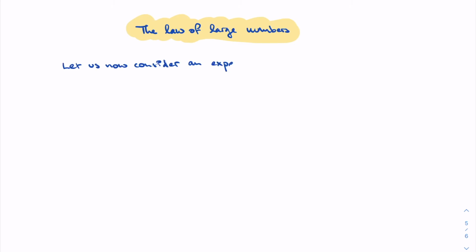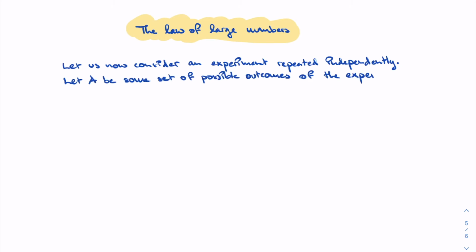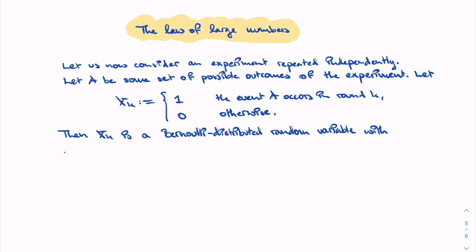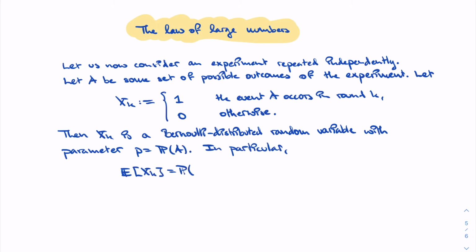Let us now consider an experiment repeated independently. Let A be some set of possible outcomes of the experiment, and let x_k be the indicator variable of the event A occurring in round k. Then x_k is a Bernoulli distributed random variable with parameter given by the probability of A occurring, and in particular we know its mean and variance.